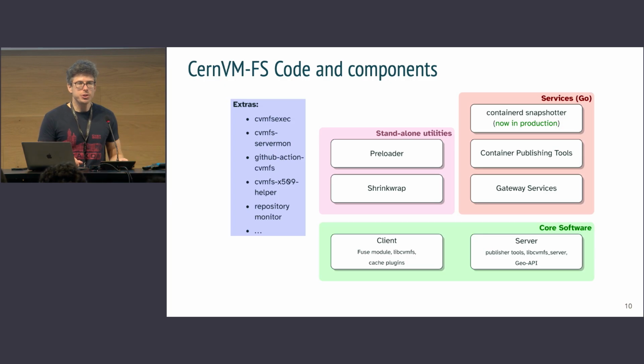There was this question about how to actually get data out of CVM-FS. Shrinkwrap is one of the tools that allows you to do this. In principle, it does an rsync of all of the data out of CVM-FS, but it keeps the deduplicated structure. You can imagine that you have a software installation v1.0, and then a software installation v1.1, which maybe shares a lot of files.